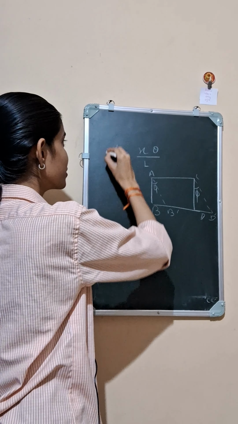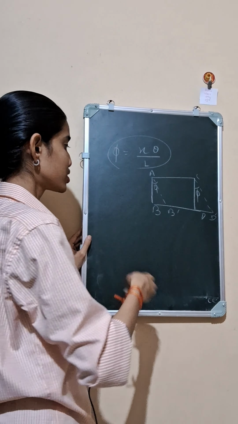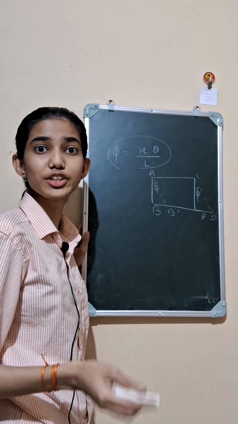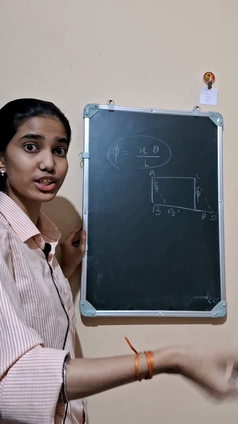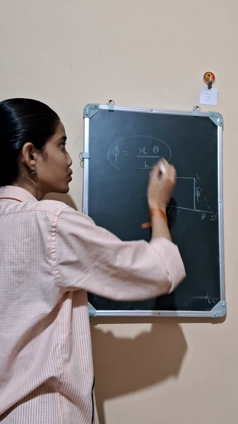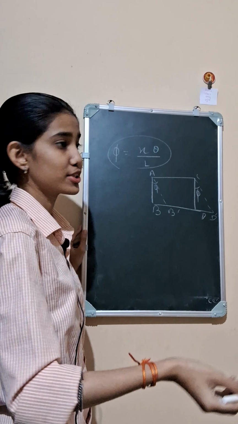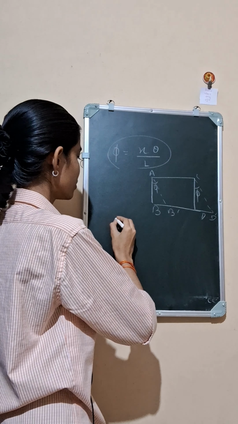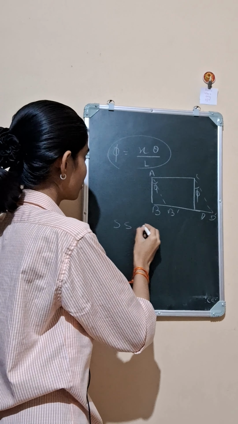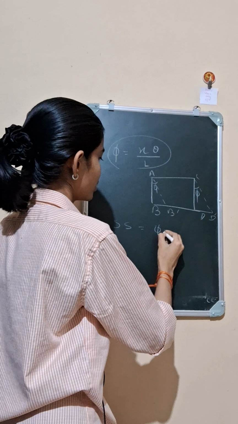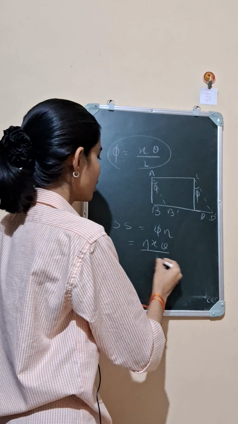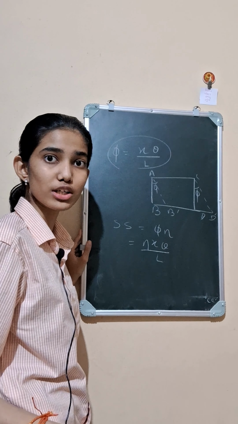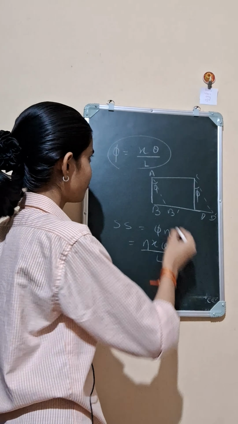Now I have this shear. We know that modulus of rigidity is shearing stress by shearing strain. So we can calculate the shearing stress by multiplying shear with the modulus of rigidity, which gives shearing stress equal to phi into eta, which is equal to eta x theta by L. Now we have the stress. I can calculate the force as here.